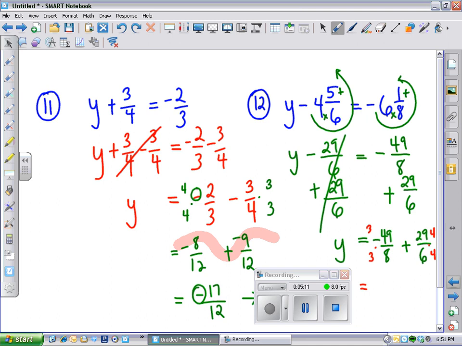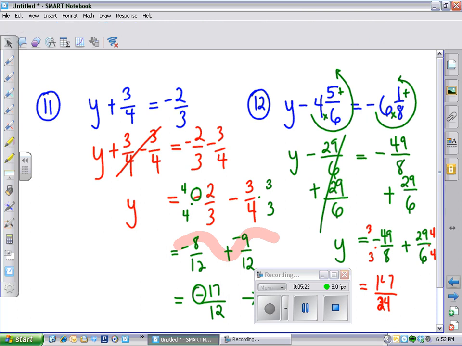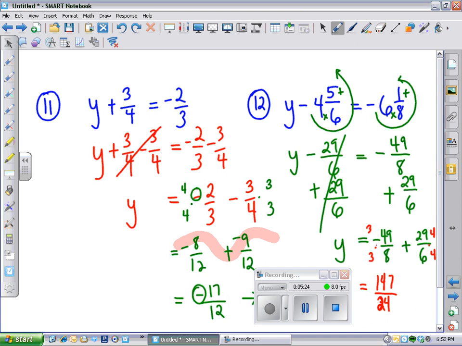Lots of work to be squeezing in here. That's why sometimes I was surprised to see homework for 24. Students didn't show enough work. 27, 12, 147. Remember, this was negative, so this is going to be negative also. Adding, it's 36. Carry the 3, 8, 3 is 11. And on the bottom, 24.